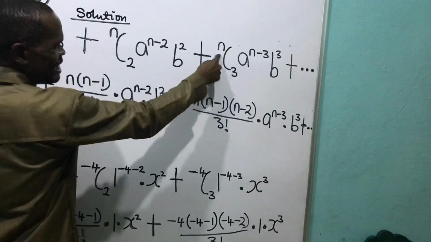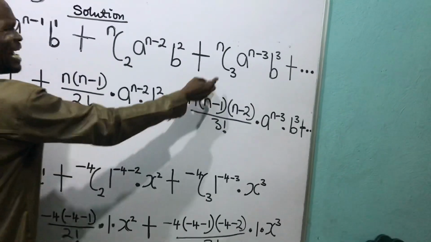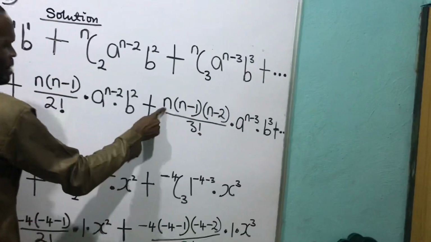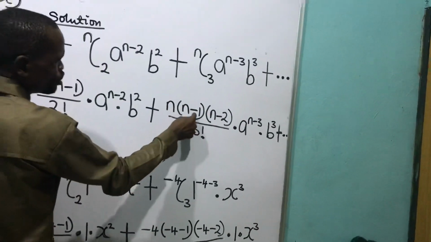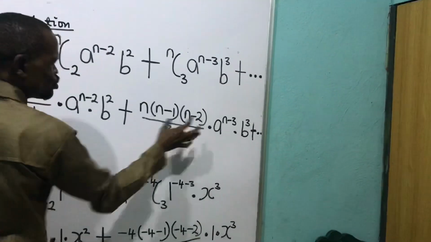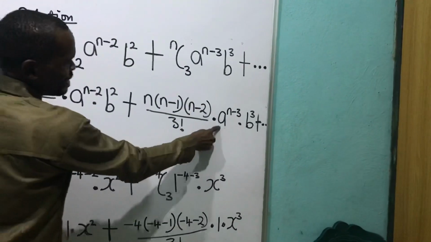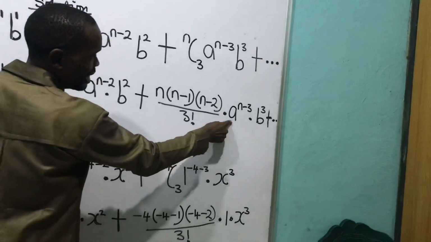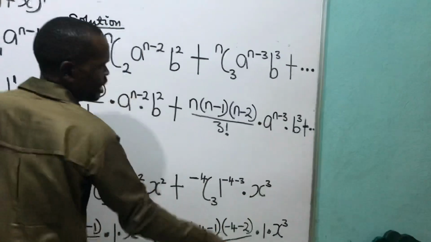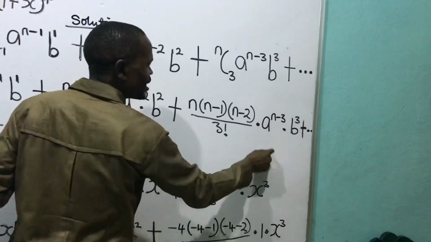Plus, this N combination 3 means that N should go down by 3. That means N into N minus 1 into N minus 2, I mean 1, 2, 3 over 3 factorial. And this dot being multiplication, A raised to power N minus 3, dot B raised to power 3.